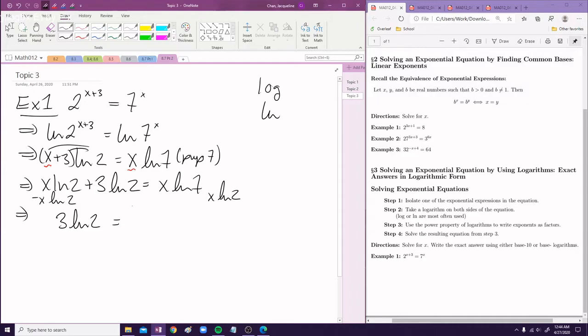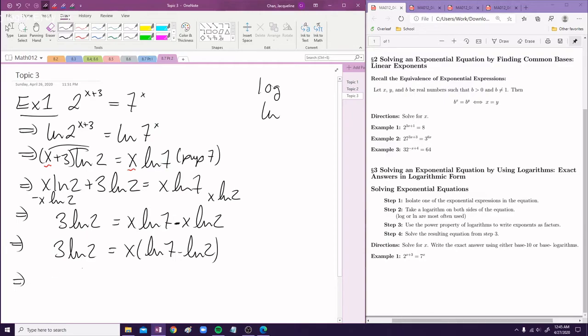This is 2 terms, and they don't have the same argument. Since they don't have the same argument, I can't combine them. Now we're so close. I have an x here and an x here, but I just want one x. How do I get this to have one x? If you're thinking factor it out, you are completely correct. Since they both have an x in common, I can factor that x out. So I'm left with natural log of 7 minus natural log of 2.